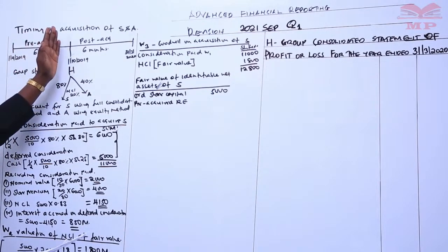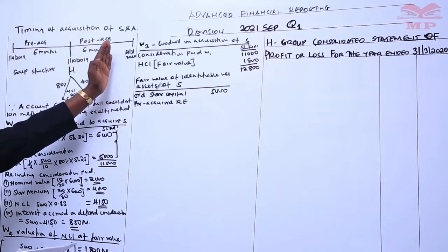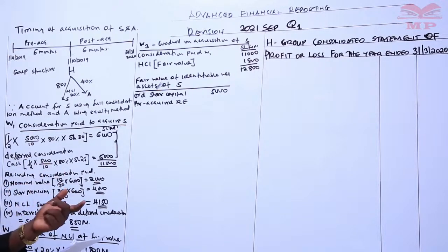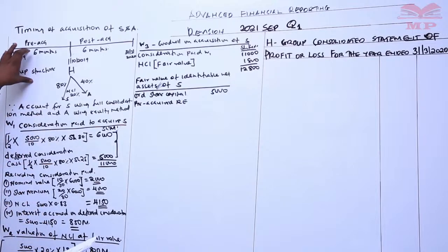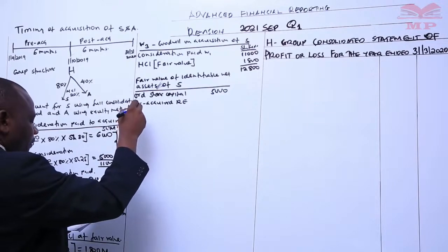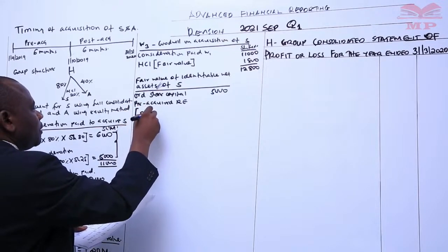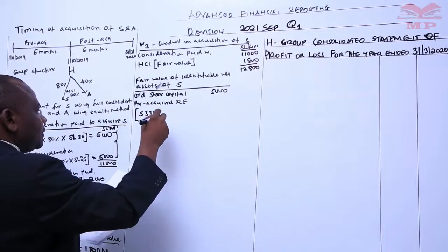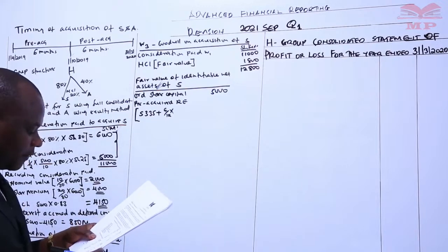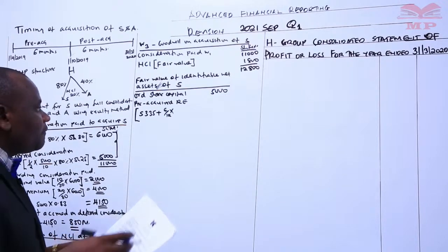We're only going to operate with S for 6 months, which means the previous 6 months is a pre-acquisition period when S operated alone. So on top of the pre-acquired retained earnings provided, we add the pre-acquired profits: 5,335 plus 6/12 times the profit for the year of 2,730.